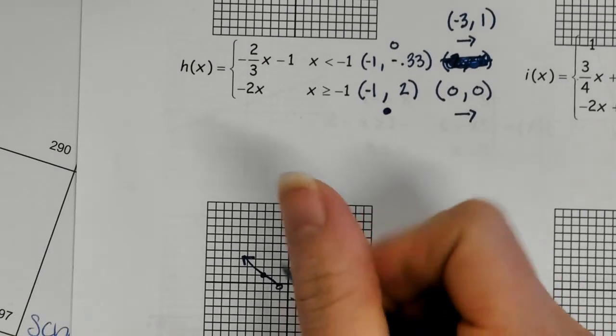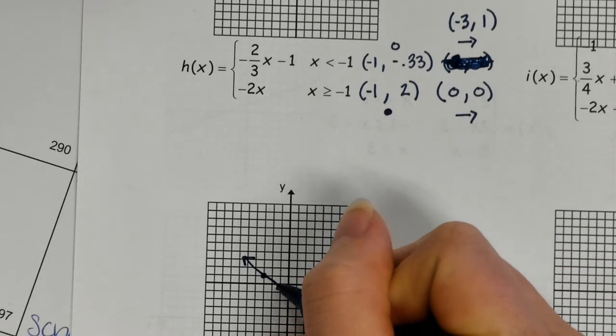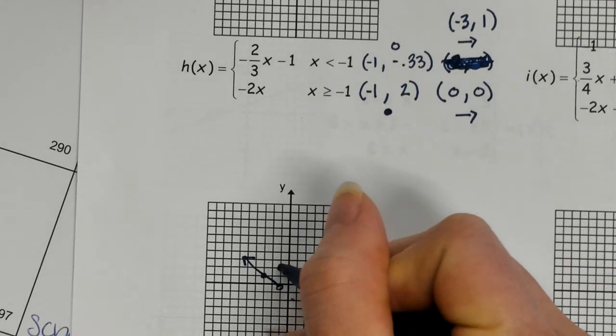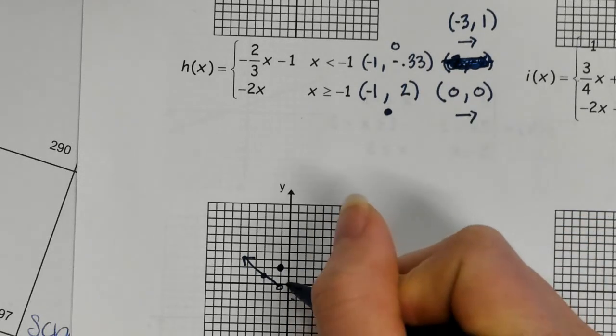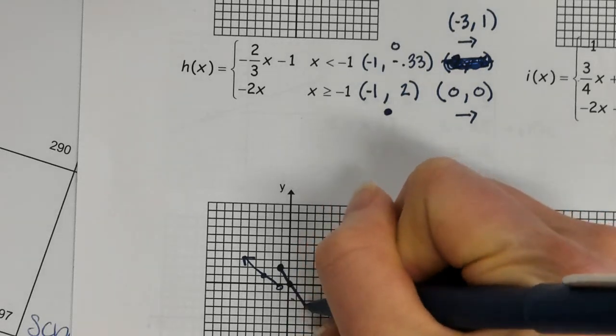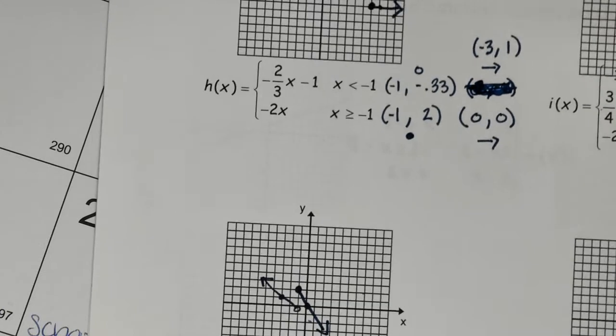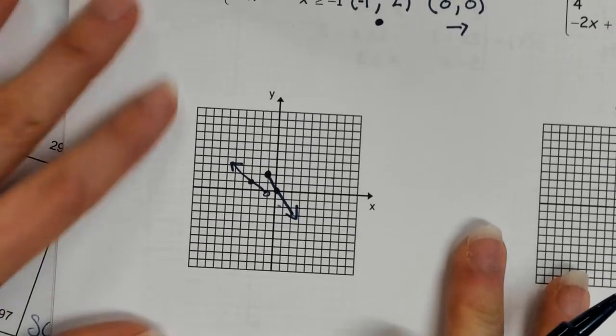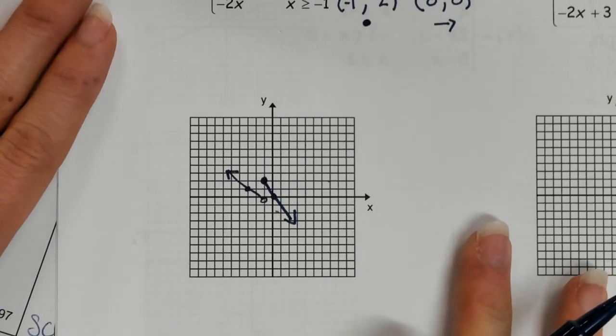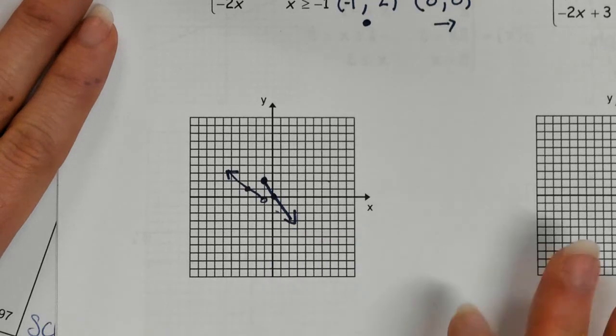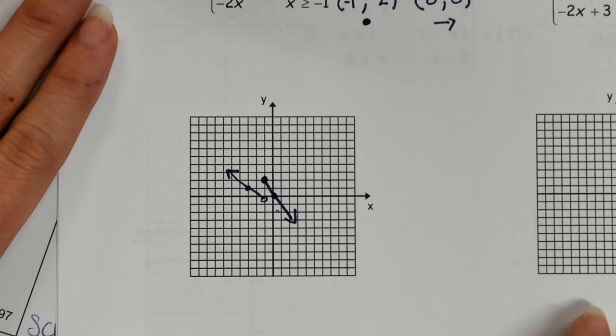Now, -1, 2 is a closed circle, and 0, 0 is where the arrow is going. So, your graph would look like this. If you have questions, ask the people around you.